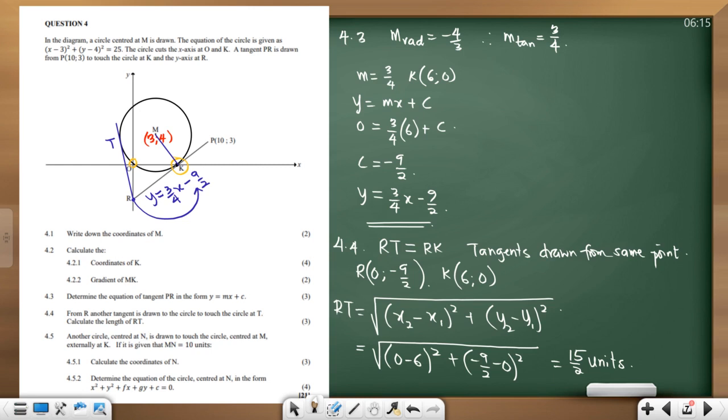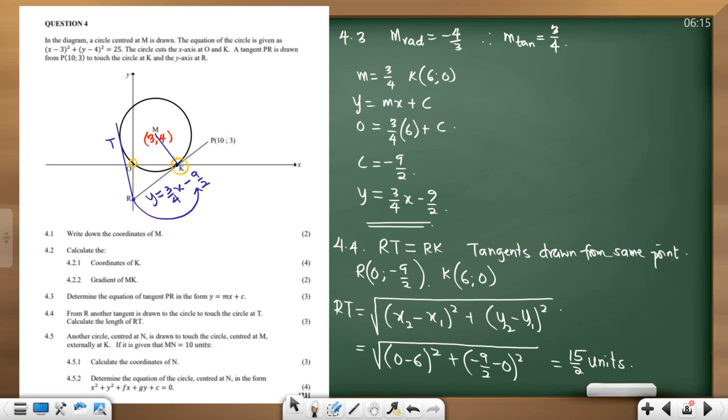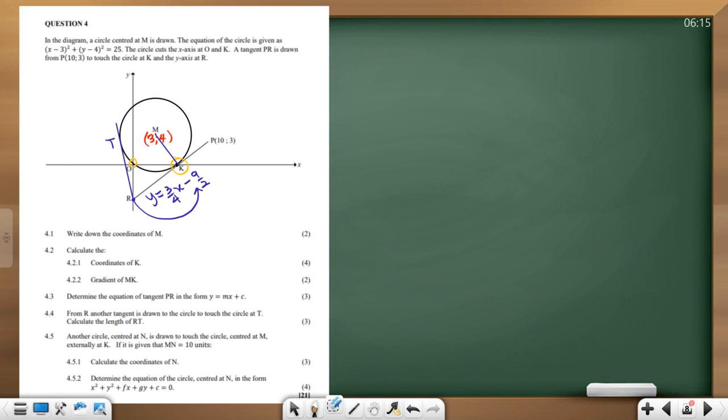4.5. Another circle K. Let's get a fresh page. Another circle K centered at N. Oops, where is N? These guys like doing all of this, so you've got to learn to, okay.